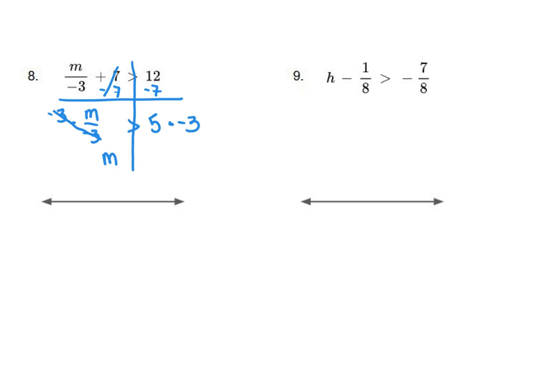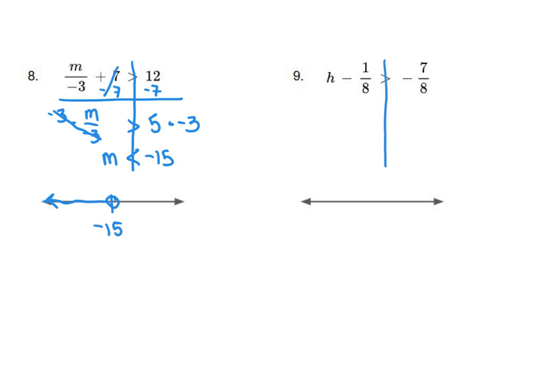We're multiplying by a negative, so we have to flip our inequality symbol. And 5 times -3 is -15. So -15 is the point we're putting on our graph. Our circle is open, and m has to be less than -15, so our arrow points to the left.